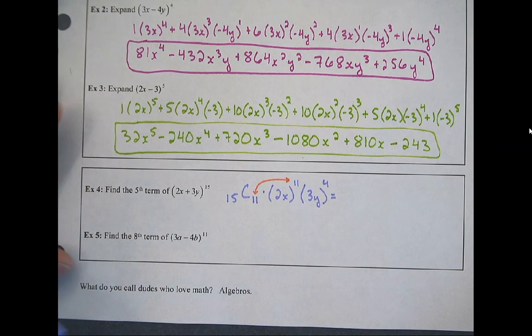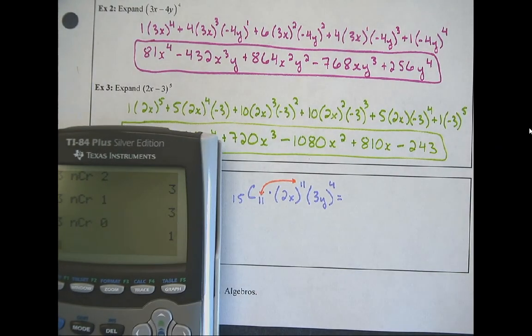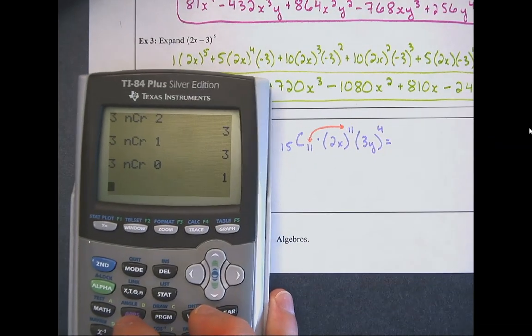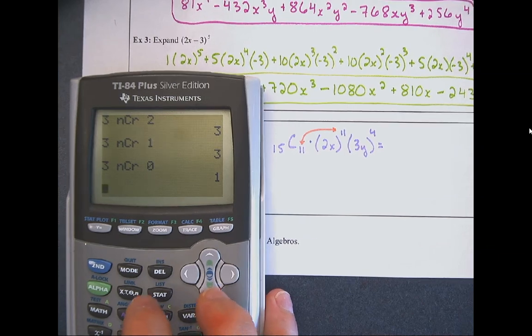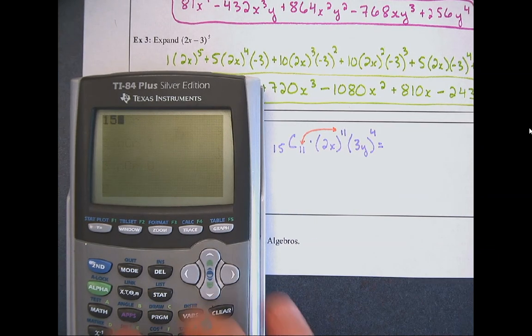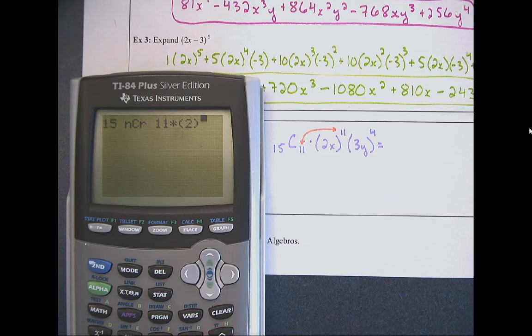Okay, so now we have to compute what this coefficient actually is. We need to get what the number is here. So I'm going to do 15 nCr 11 times the quantity of 2 to the 11th, just like we did before. We're ignoring the variables right now. Times 3 to the 4th, and we get this massive number.